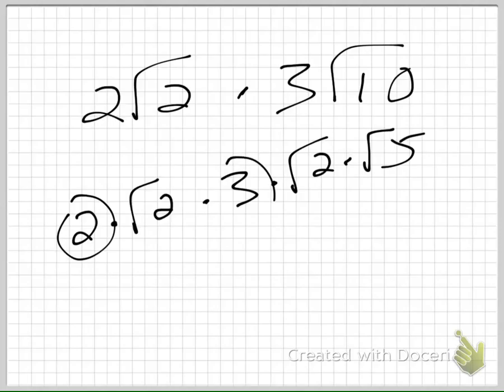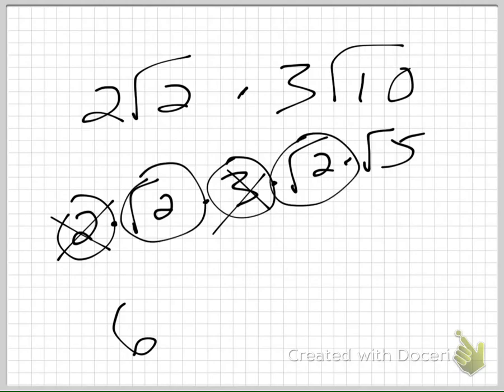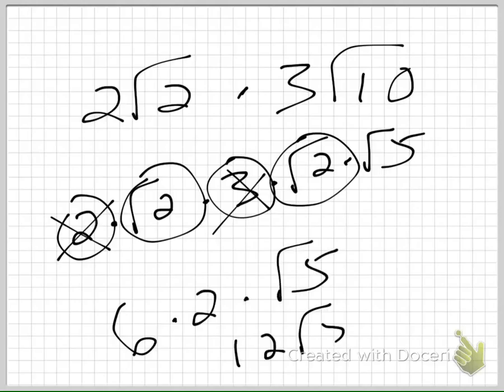Okay, that's already out, that's already out. They're gone. Let's bring them down. That's just 6. You agree? And square root of 2 times square root of 2 is 2. 6 times 2 times the square root of 5. 12 times the square root of 5. Does that make sense? All those things have just already been pulled out for you. That's why it's no big deal.